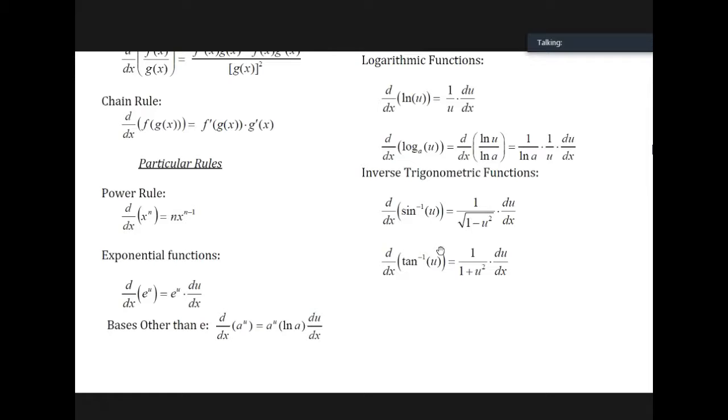Go ahead and look at that warm-up where it says connecting f, f prime, f double prime.